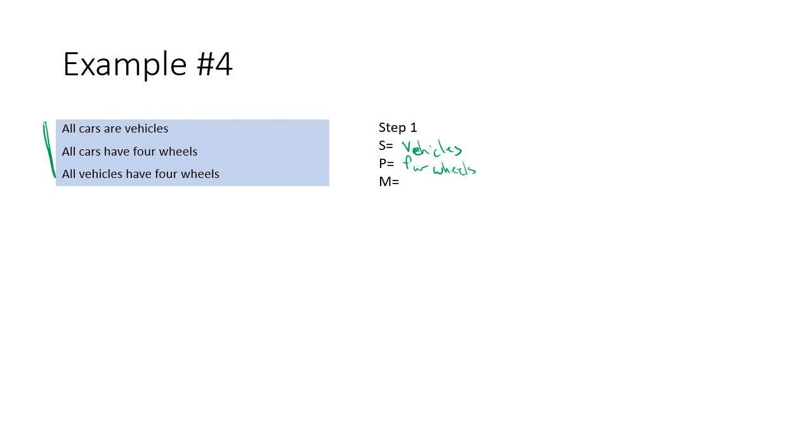And the middle term, which is the thing that appears in both of the premises but not in the conclusion, is cars. So if you rewrite that, then the form that this argument takes is all M are S, all M are P, therefore all S are P.